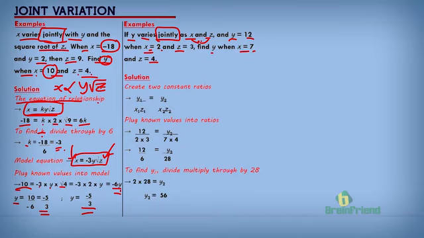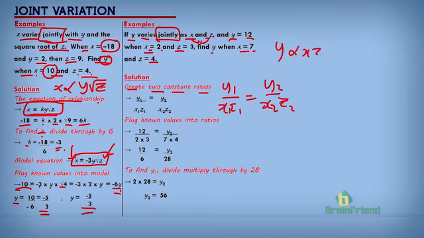So using the second method, which we said is faster if you already have a deep understanding of the subject, what do we do? Create two constant ratios quickly. So we have y1, x1, z1 is y2, x2, z2. So remember where we started from. We said y varies jointly as x and z.